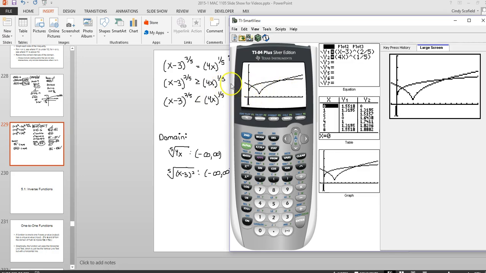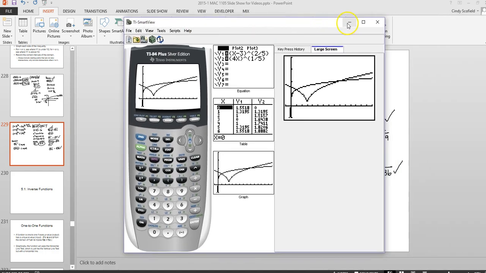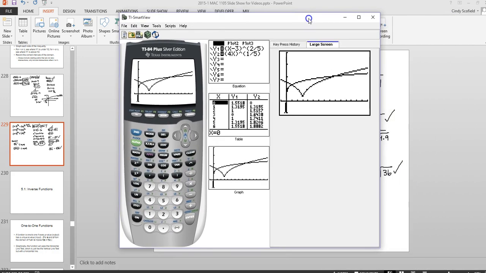So from way out here to the left, from -infinity until you get to 1, y1 is above y2. Then for a little while, y1 is below y2 until you get to 9. Then from 9 on, again, y1's above y2. So that's how we're going to determine our inequalities.